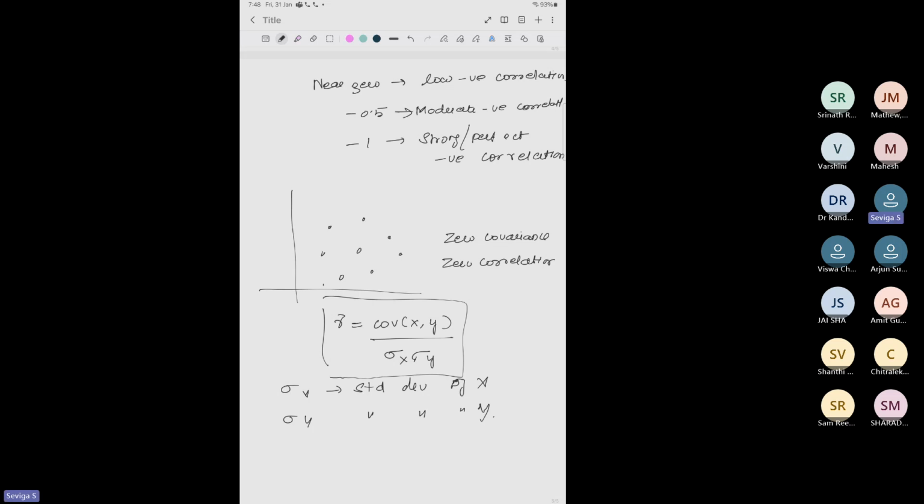Unlike the covariance, correlation is not affected by the scales or units. So correlation standardizes the covariance. It provides a unitless measurement, and it provides both strength as well as direction of the relationship between the two variables.